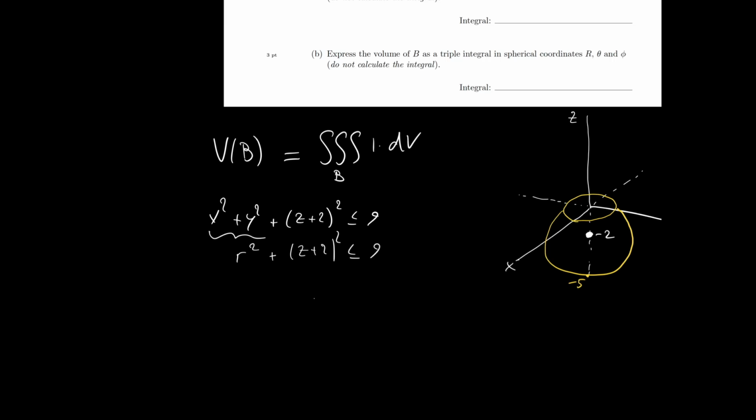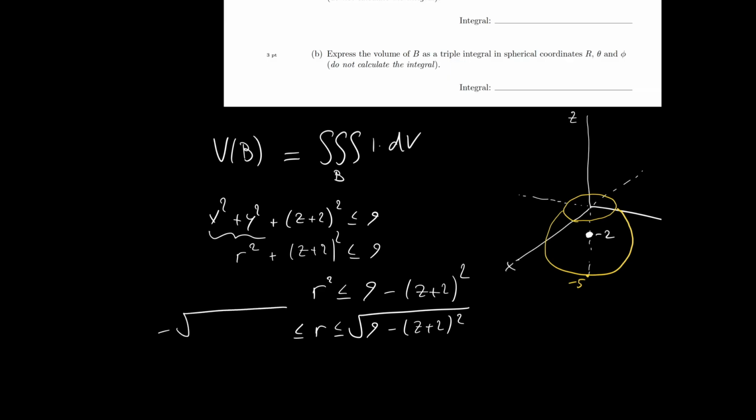So r squared has to be less than or equal to 9 minus (z plus 2) squared. And that only happens when r is between two values: the positive square root of 9 minus (z plus 2) squared and the negative square root of 9 minus (z plus 2) squared.